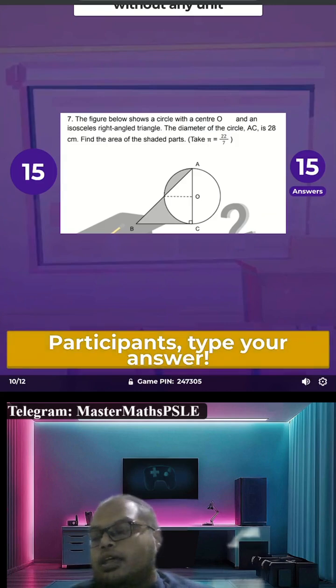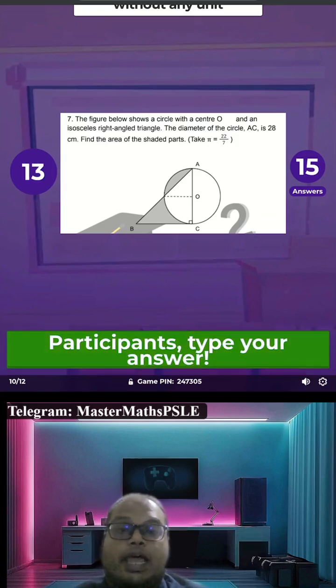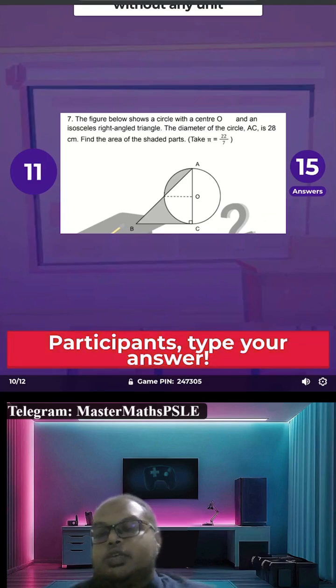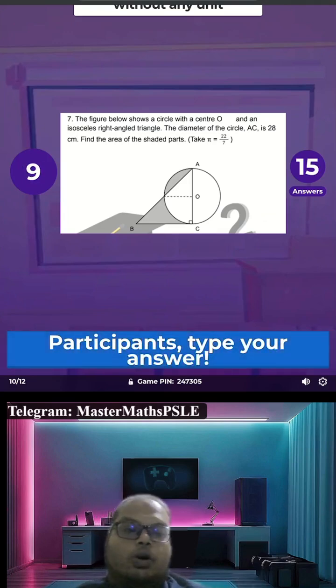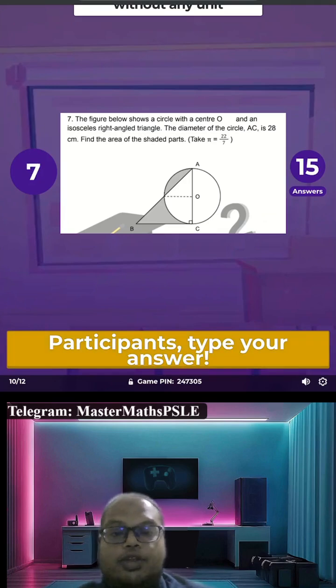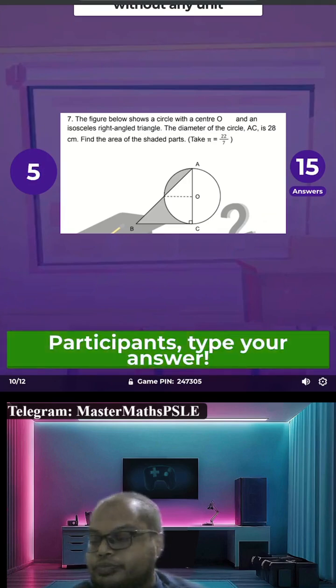Then you'll understand how to actually apply all this if you got a figure like this in your WA3 or even your prelims later on.